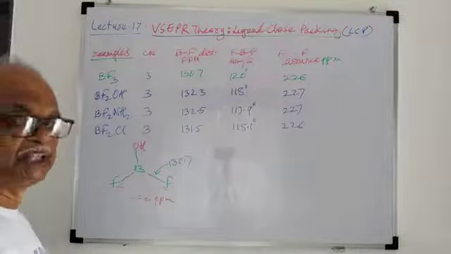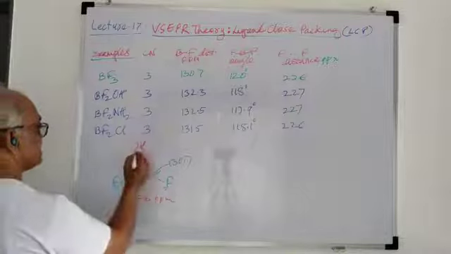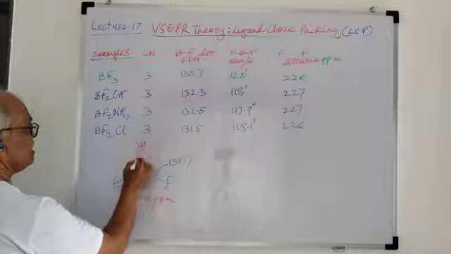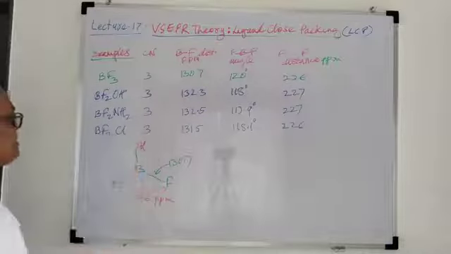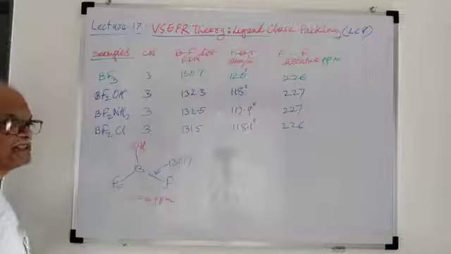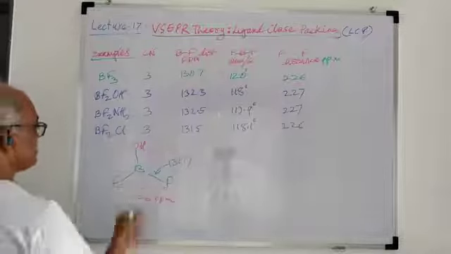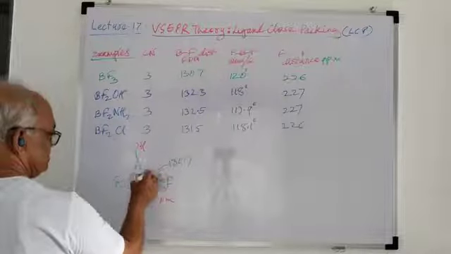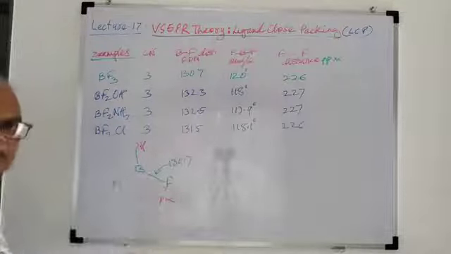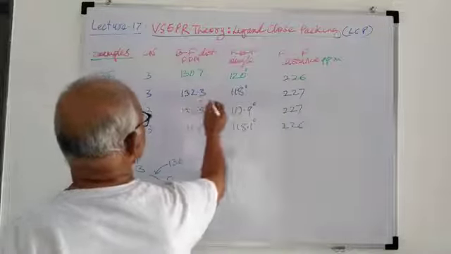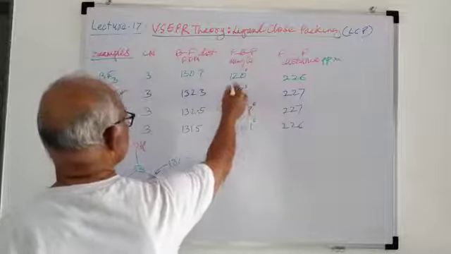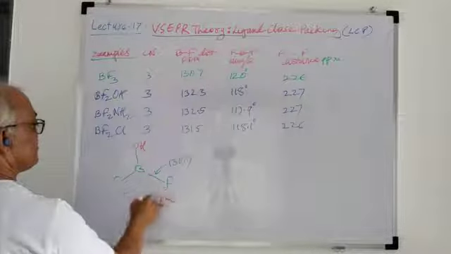So it will attract the electrons towards it, so the electrons are moving away, and the size of this OH is also large. Because of this, these F atoms are pushed away. As a result, the bond angle is reduced, this FBF bond angle.